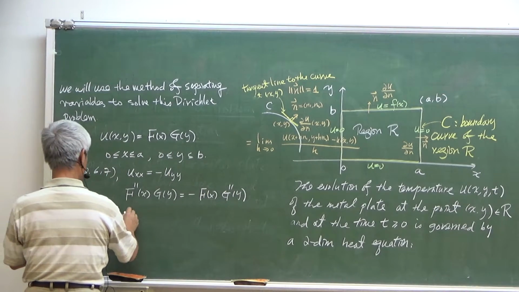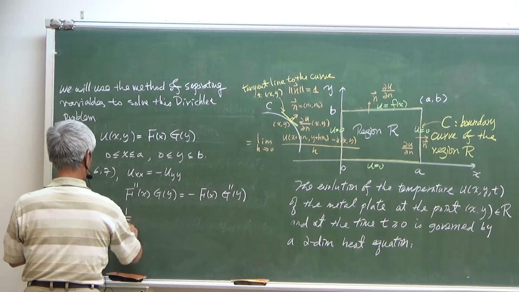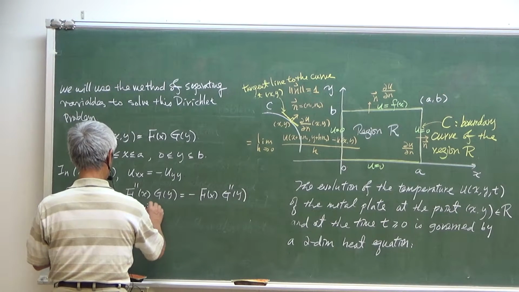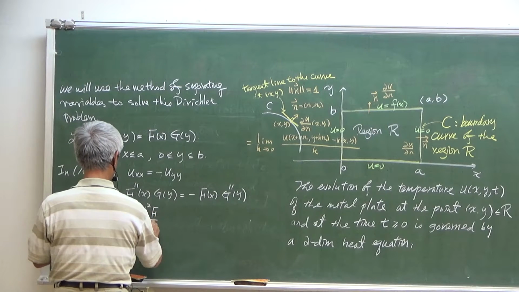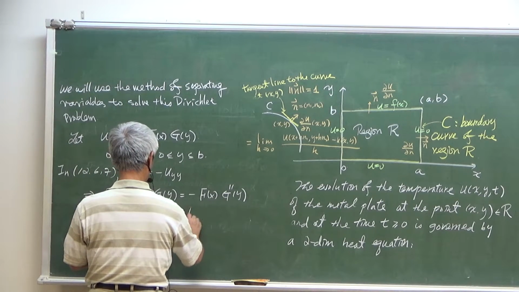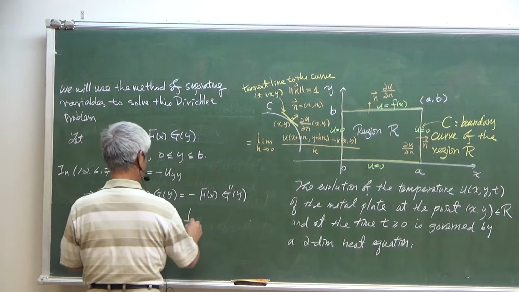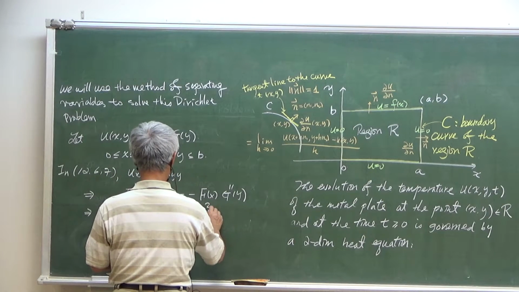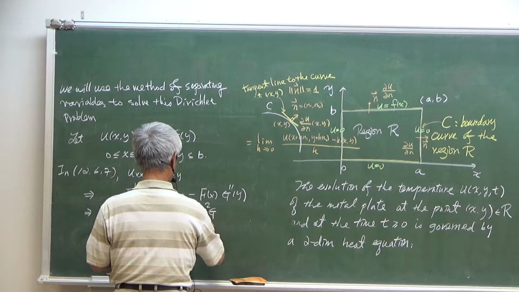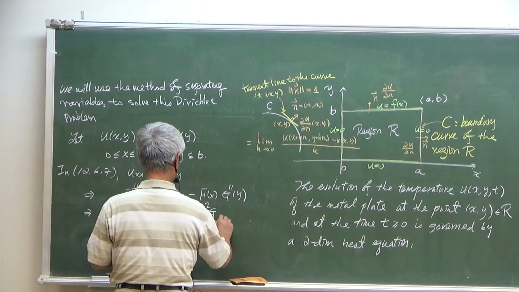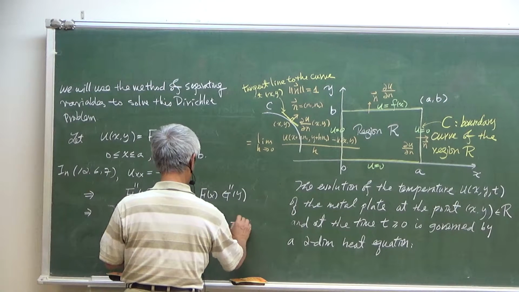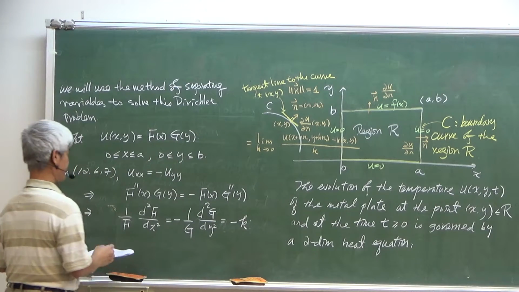So this implies that f'' over f is equal to minus g'' over g, and we find that to be equal to minus k. Okay?